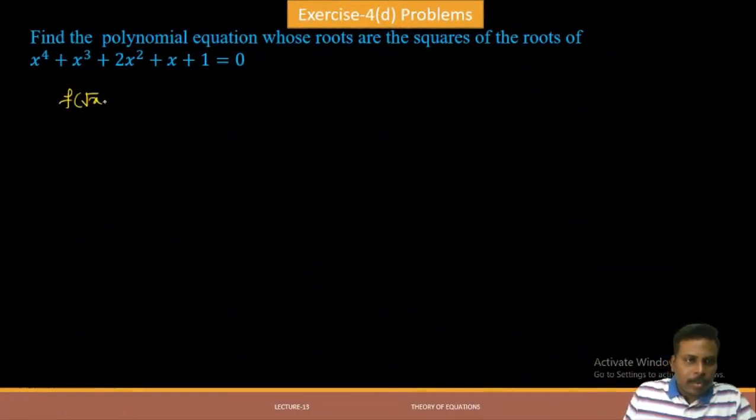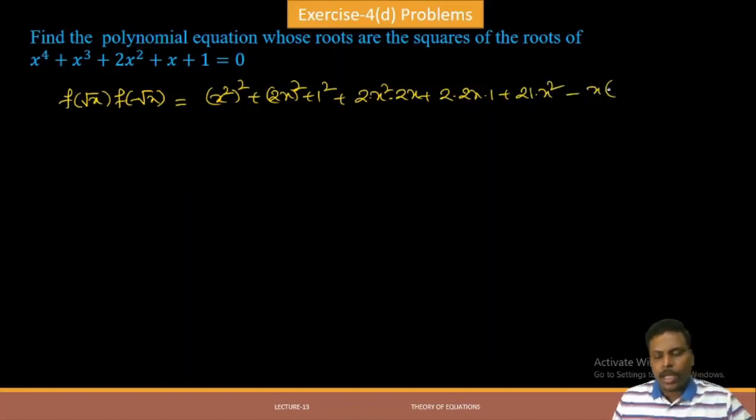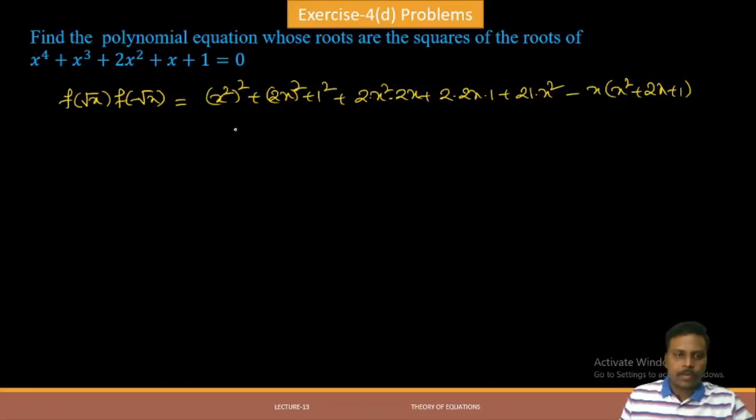So f of root x into f of minus root x, that is equal to x square whole square plus 2x whole square plus 1 square plus 2 into x square into 2x plus 2 into bc, that is 2 into 2x into 1 plus 2 into 1 into x square, minus root x whole square is x into x square plus 2x plus 1.